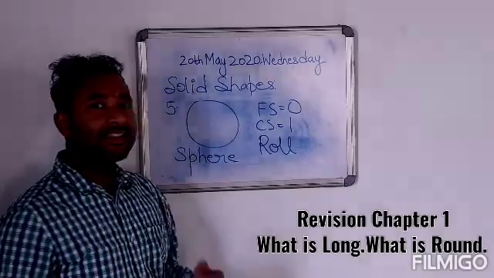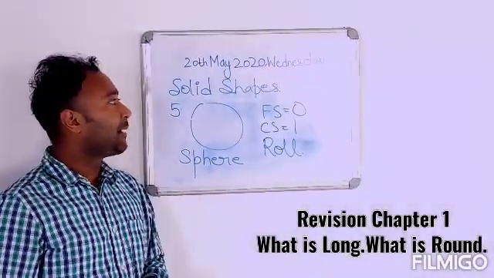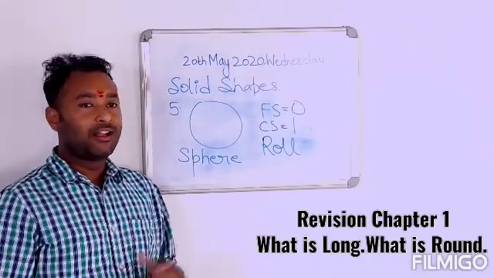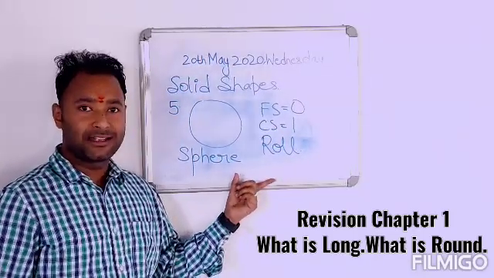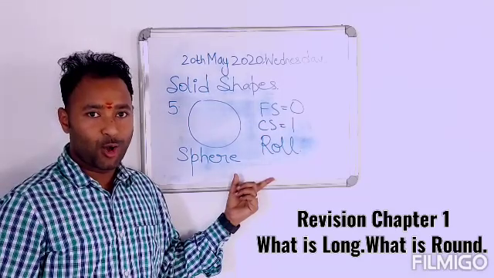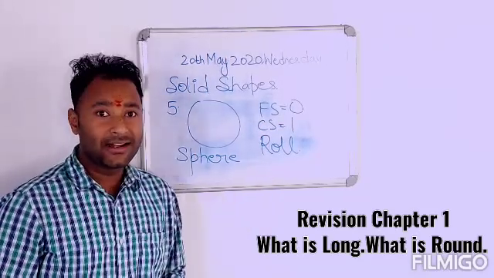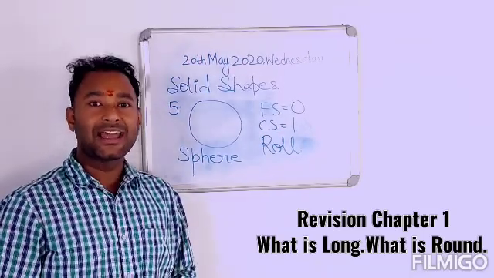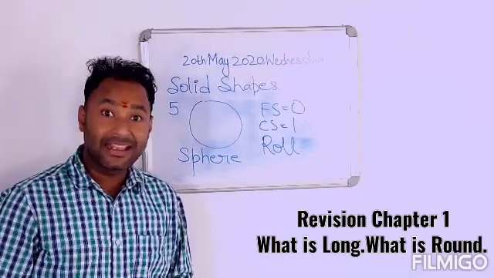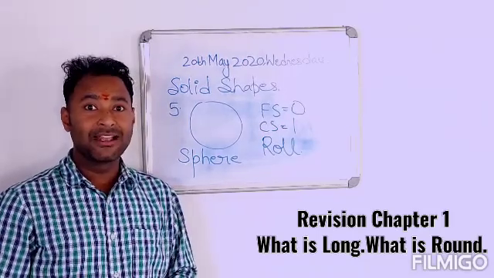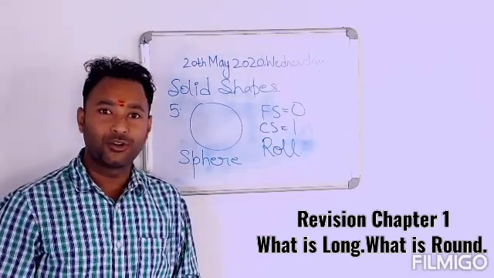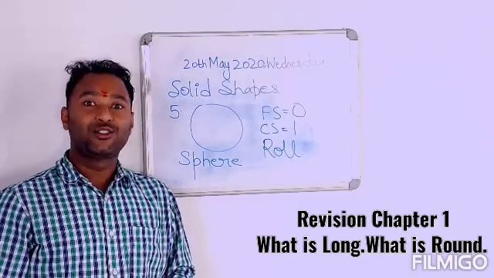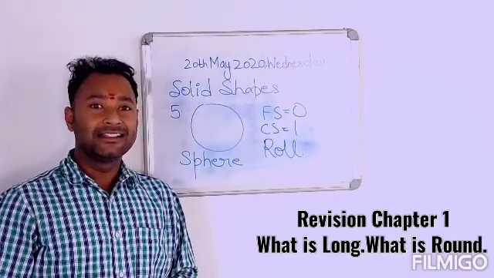So students, this is all about chapter number 1, what is long and what is round. Now you can easily determine what are long objects and what are round objects. Plane shapes are of 4 types: square, rectangle, triangle and circle.